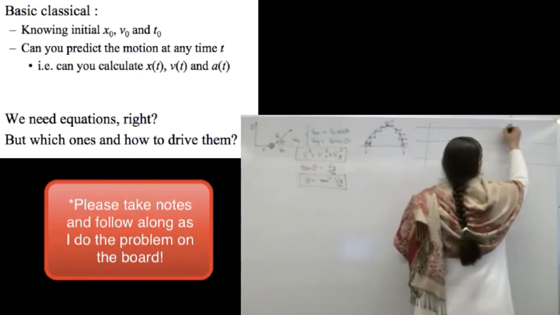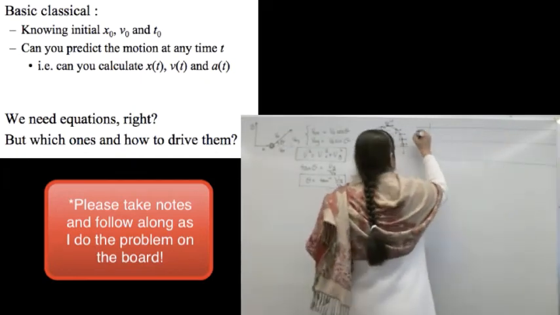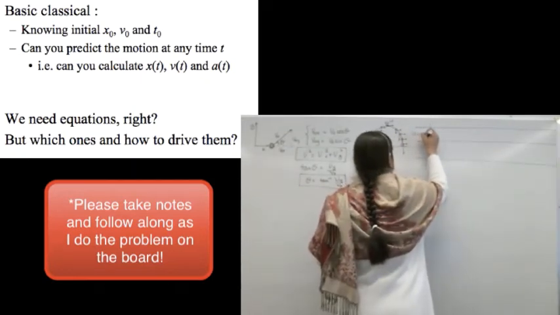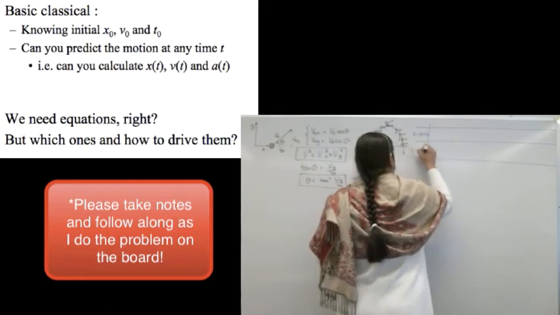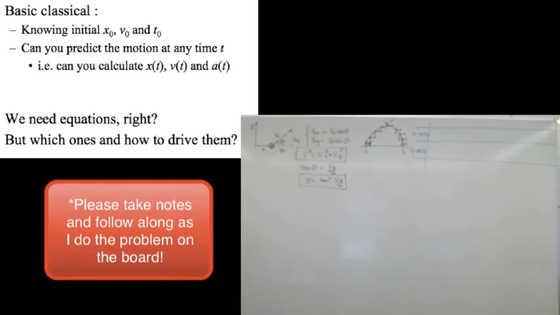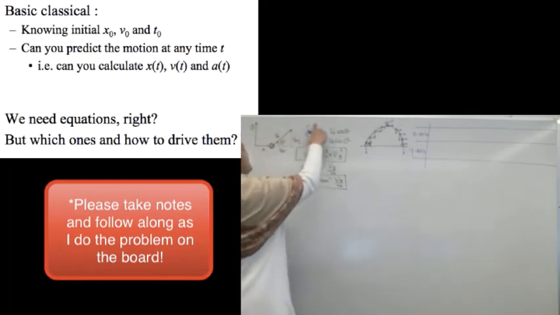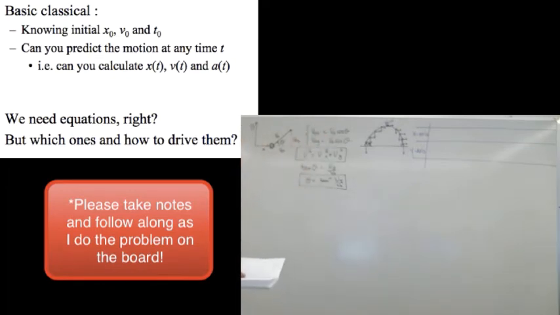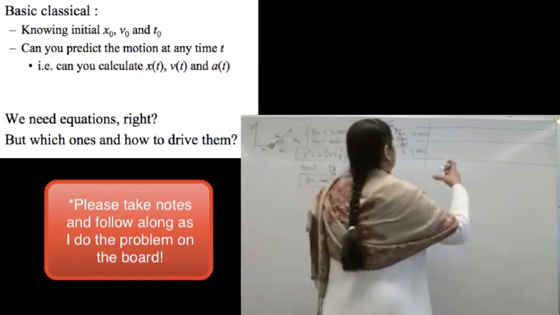So I'm going to make this table, and I'm going to say my x-axis and my y-axis. Now, what are all the things that I can say about my x-axis components and my y-axis components? Well, I'm going to start with my basic information that I know, which is right here. So my initial conditions are going to be my velocity conditions.